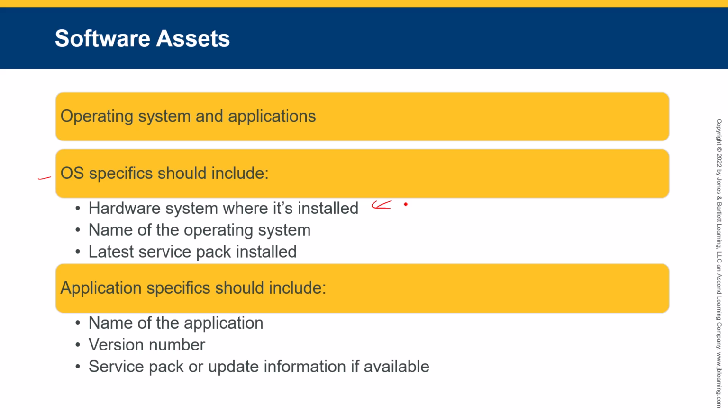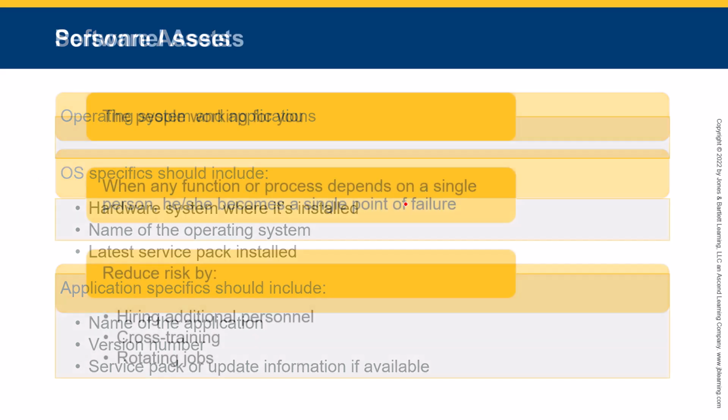For the application, it could be the name of the application, the version, the service pack, update materials. It could be purchasing materials. It could be who is maintaining certain things. Who is the key contact? Who's the contract vendor? Contact point for the software.